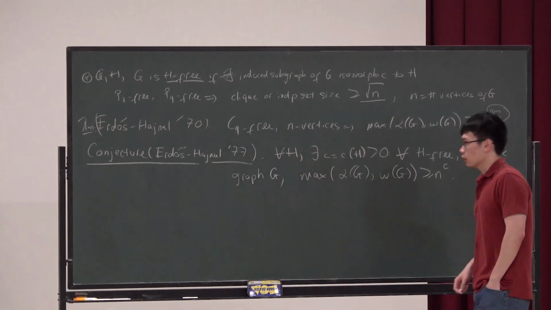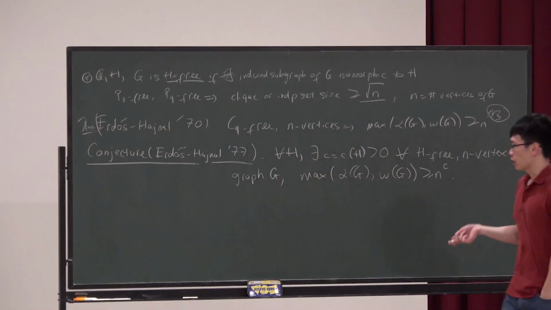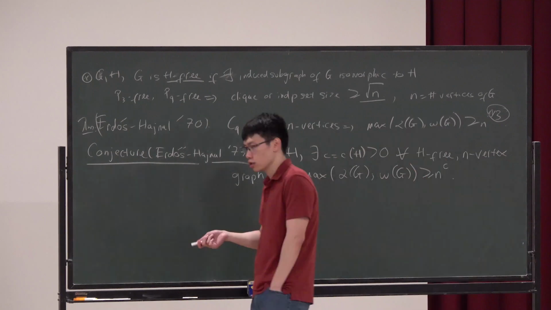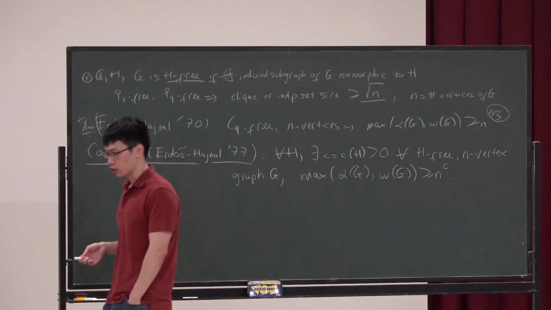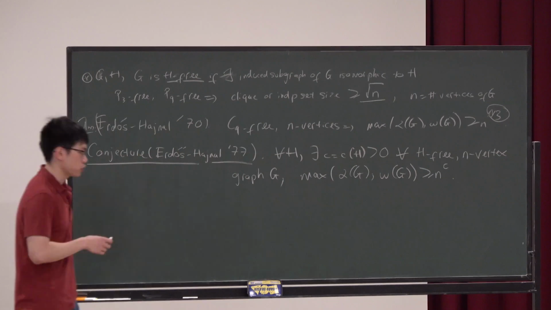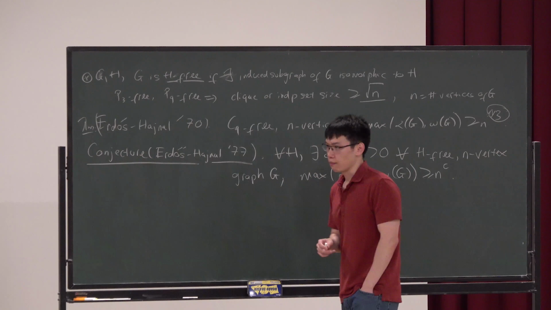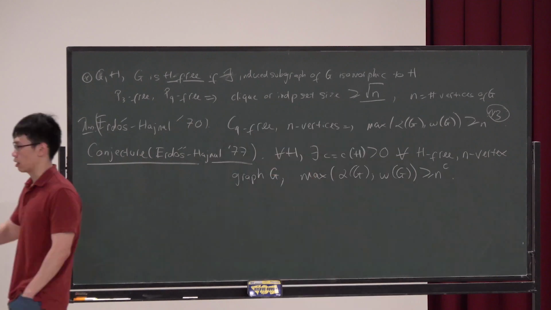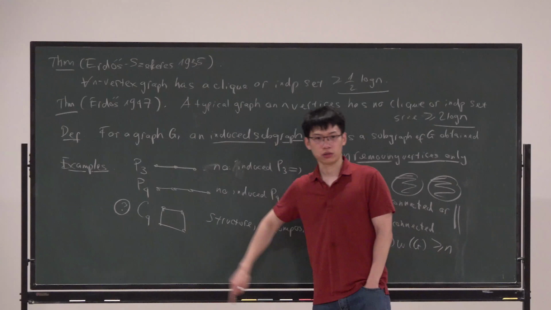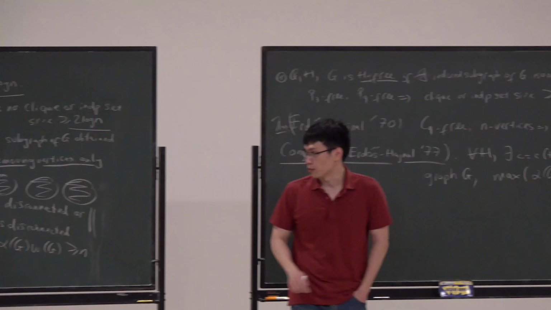That's the first point, and there's also a bigger question about trying to find a structural description or some decomposition method for all H-free graphs, which is still unreached at the moment. As you can see from what I said earlier, this question is actually open for C4, and there's no structural description so far, unlike what we have for P3 and P4.